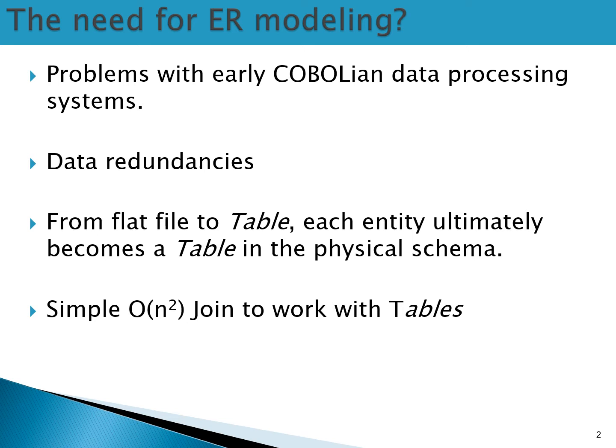But when we want to get an answer from those tables, it usually requires a join, and a simple join has, you can say, a complexity or cost of order n square, which is a large complexity.